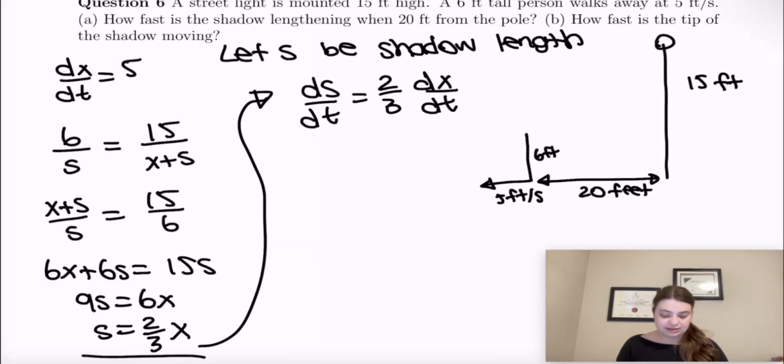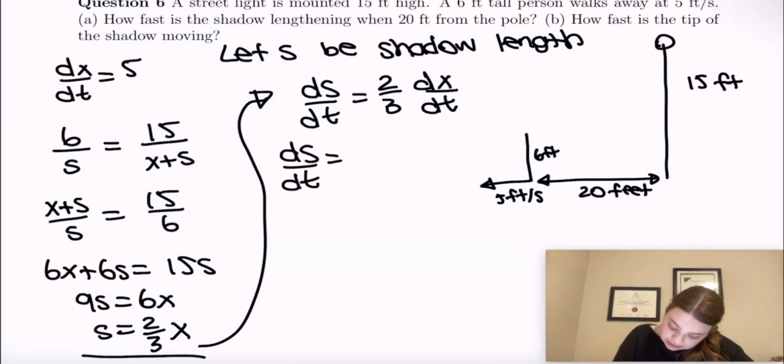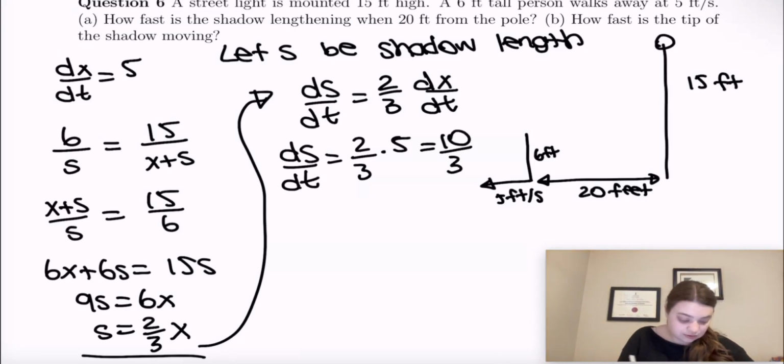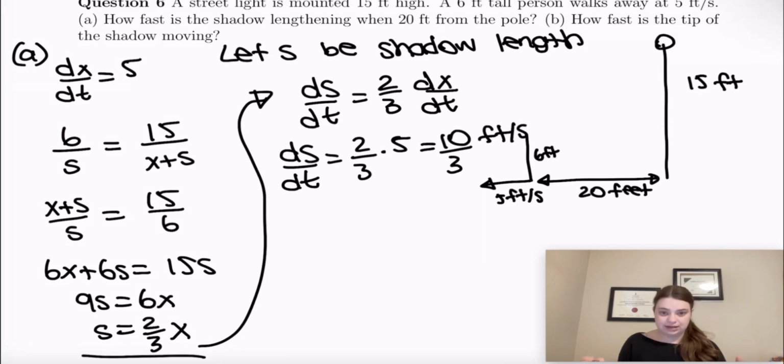Then I'm going to substitute in what we know. We already know that dx over dt is 5, so ds over dt is 2/3 times 5, which is 10 over 3. So it's 10 over 3 feet per second, and that's part A all completed.